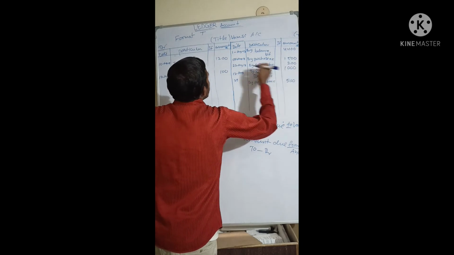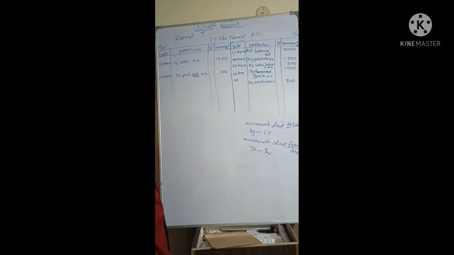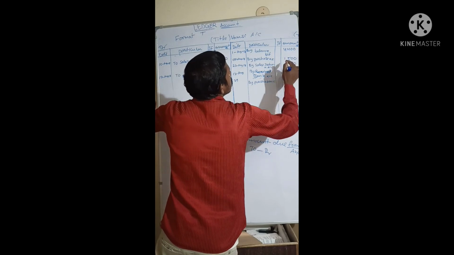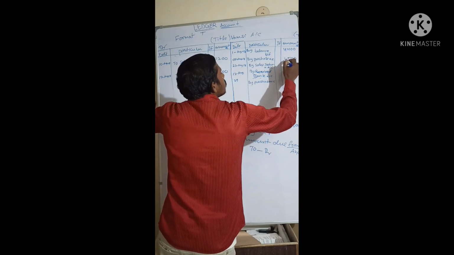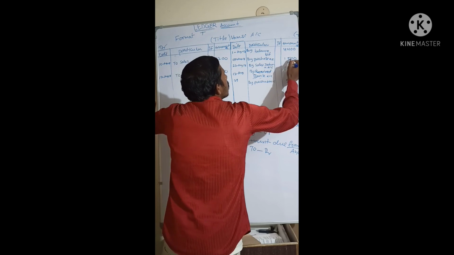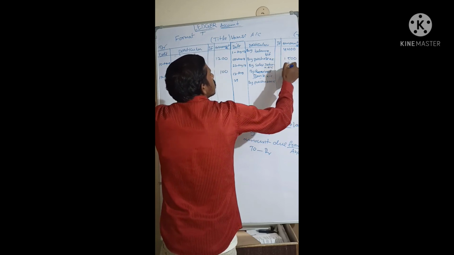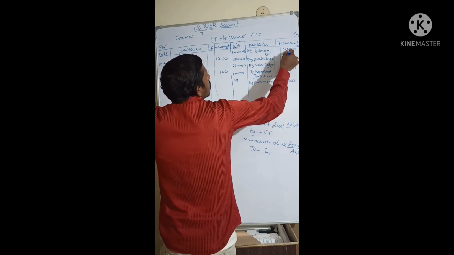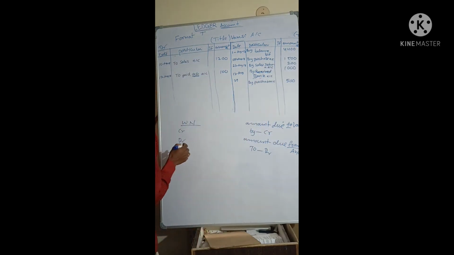We'll see now. Do the total of this side and this side separately. Okay. And working notes. Here credit side, debit side total. Add this total. 4,400, 5,000 and 5,000 gives 7,600. Okay.